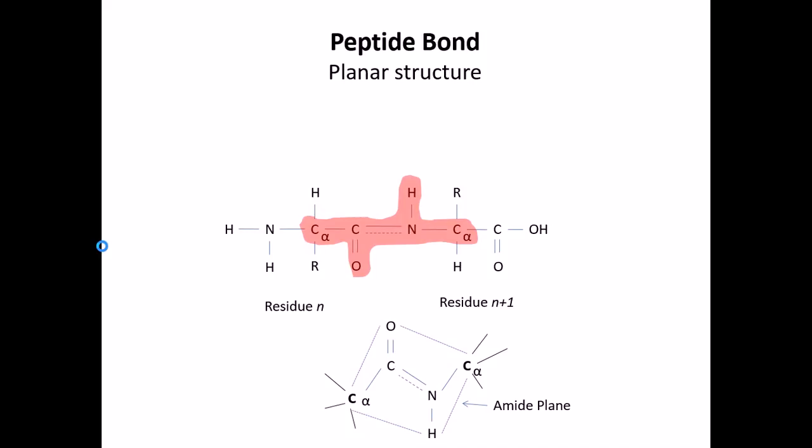This structure actually favors the partial double bond that you have seen in the earlier slide, because the electron transport from the partially negatively charged oxygen atom to the hydrogen, which has a partial positive charge, happens simultaneously all the time.